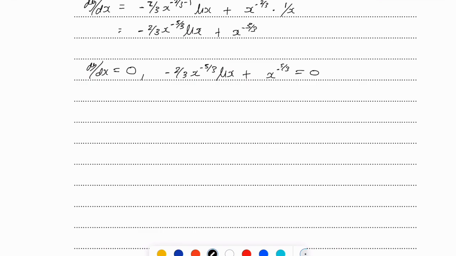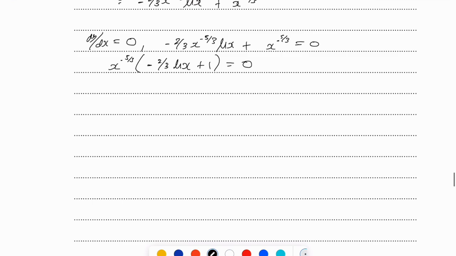So if we take out x to the negative 5 over 3, we get negative 2 over 3 ln x plus 1 equaling 0.